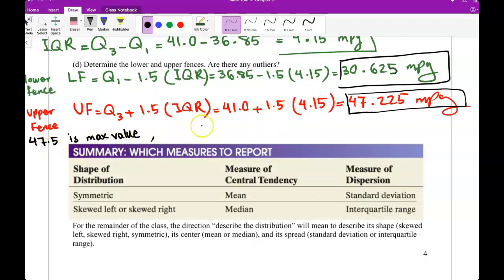This point is greater than our upper fence.